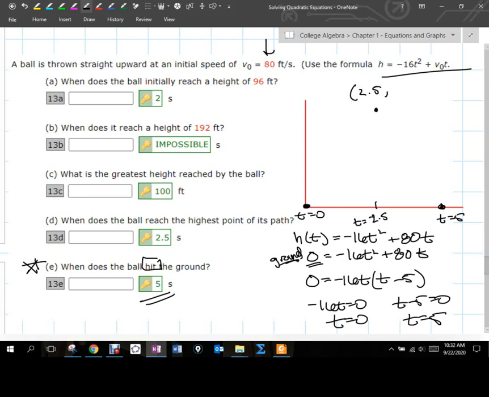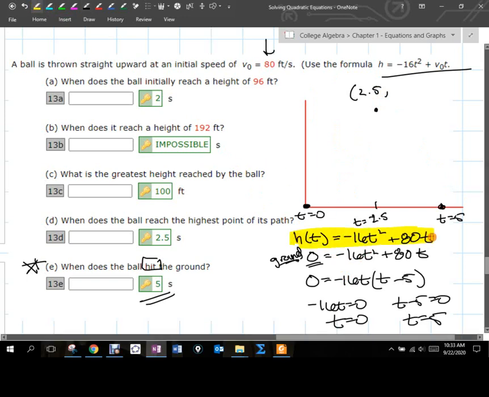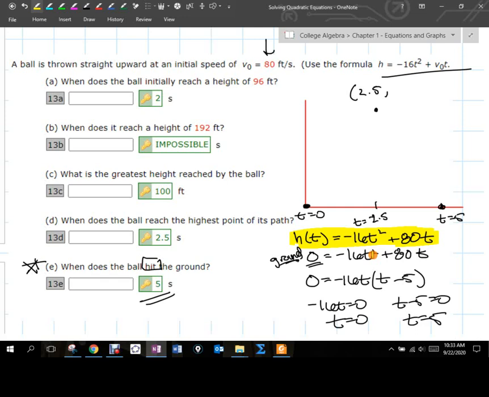So the way I find that 2.5 is I took the average of 0 and 5, but now to find the height, I'm going to plug that 2.5 into my original position function. Because that's what the position function does. It gives you the vertical height or the vertical position at specific times. Well, I got a specific time with 2.5, right?